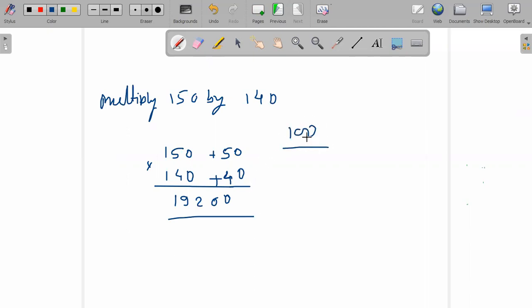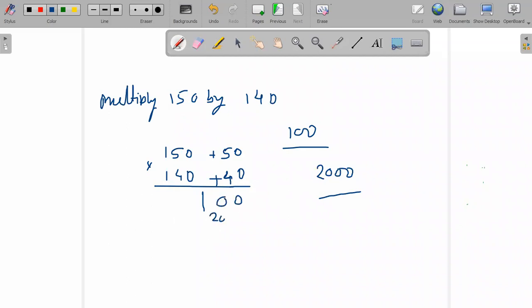In the base how many zeros are there? 2 zeros. But the answer is 21,000? Carry 20 remains. Multiplication will be 2 into 5, yes 20, I should add 20 there.